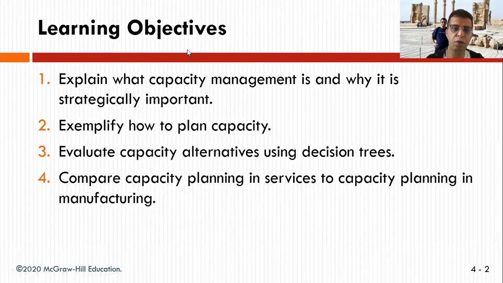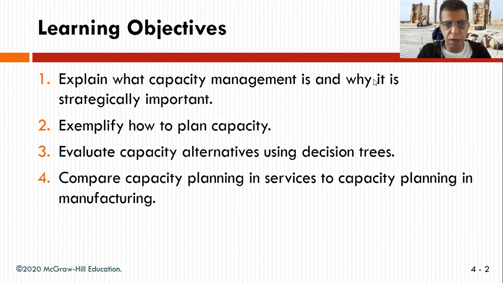Now, the objectives of the learning are that we need to explain what capacity management is and why it is strategically important. We need to exemplify how to plan a capacity. We'll bring an example of how we plan a capacity.